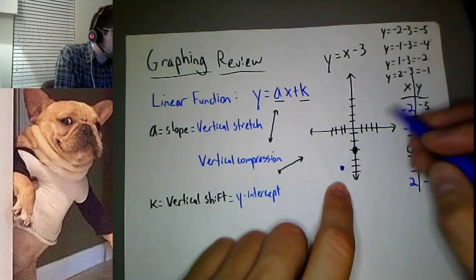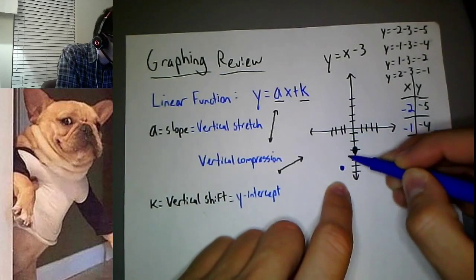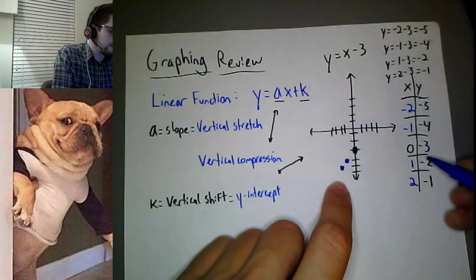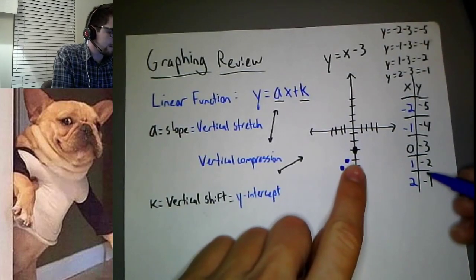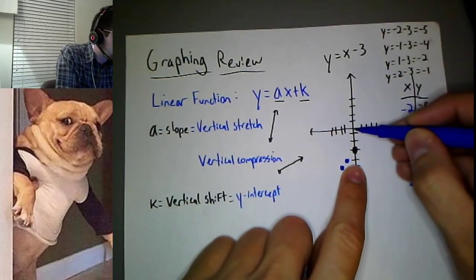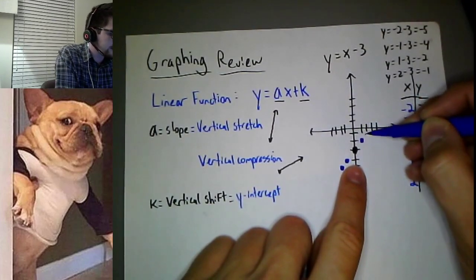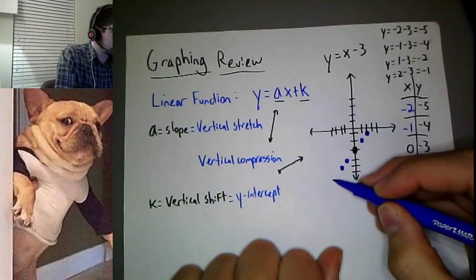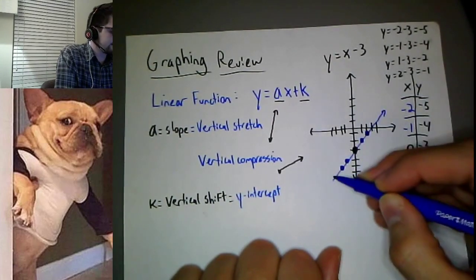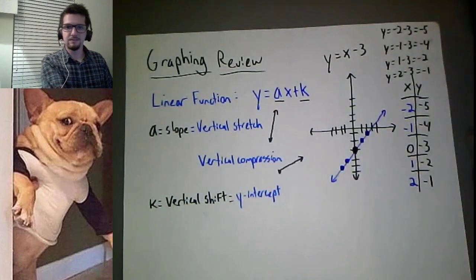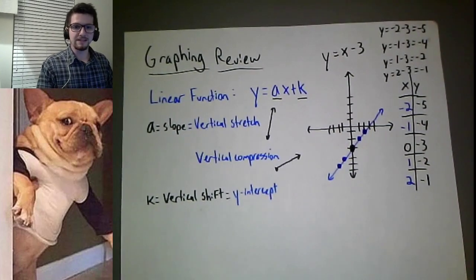Left 1, down 4. Right 1, down 2. Right 2, down 1. Then when I trace this, I end up with a line. That's how you graph a linear.